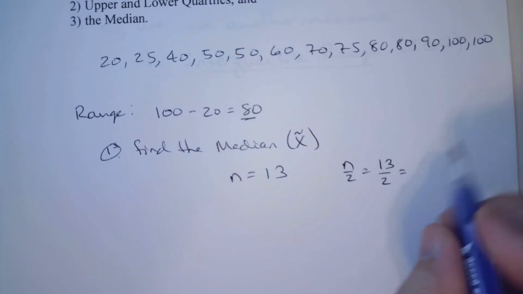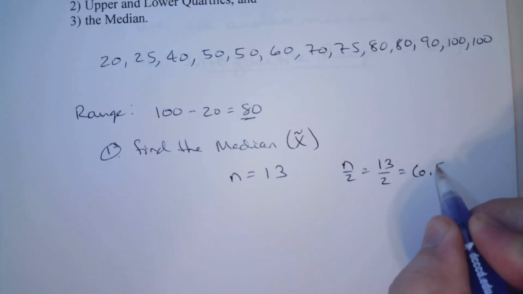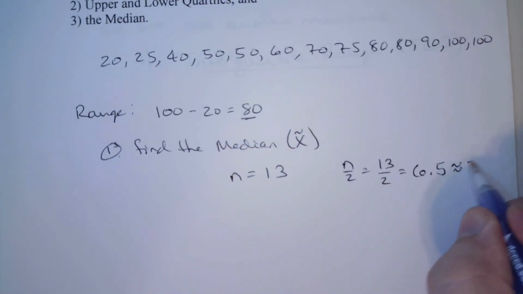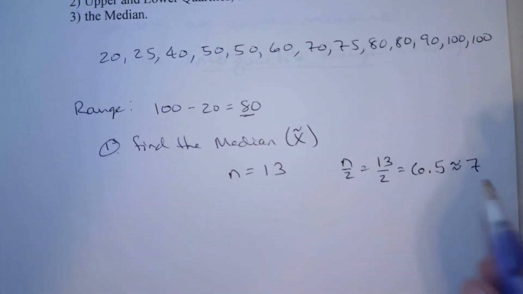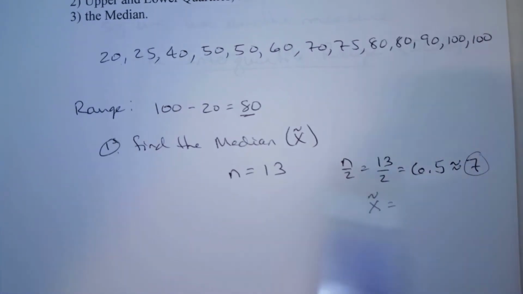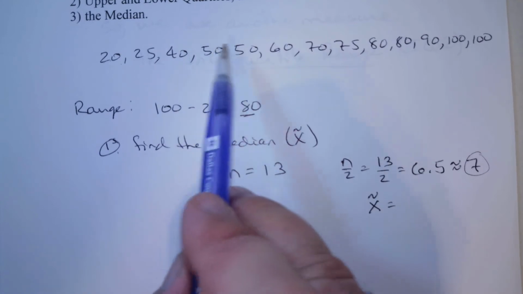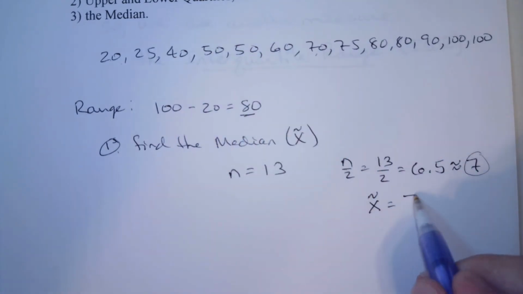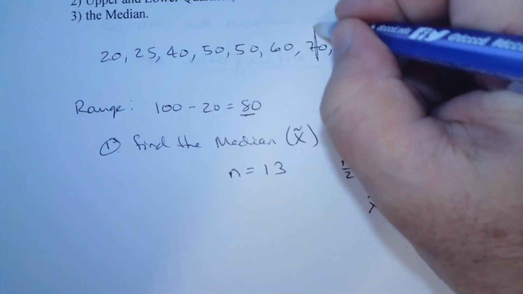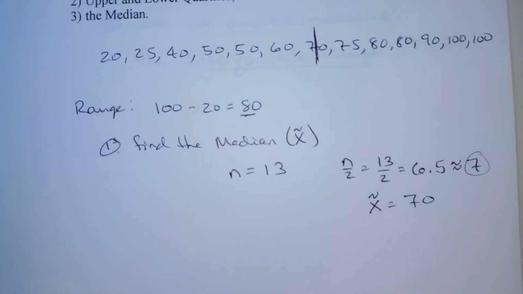Divided by 2 is 6.5. So our median is in the 7th location. 1, 2, 3, 4, 5, 6, 7. Since that's our median, we put a line there. There are even numbers on both sides.